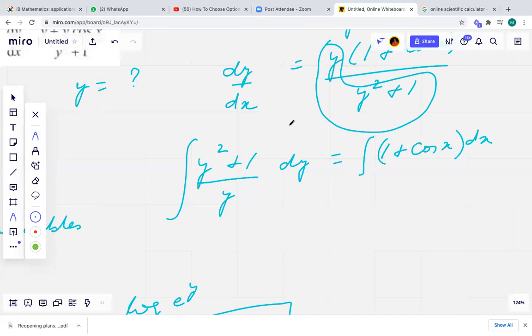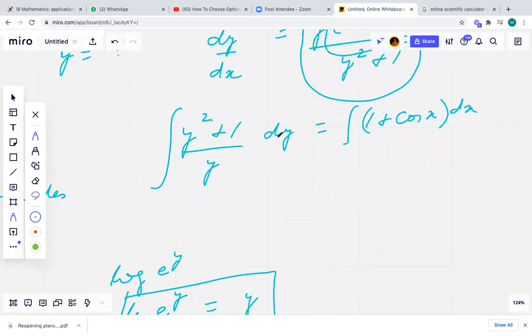You're right. y square upon 2 plus ln y. For ln y, it is in modulus. That's it. And the next one I'm solving.